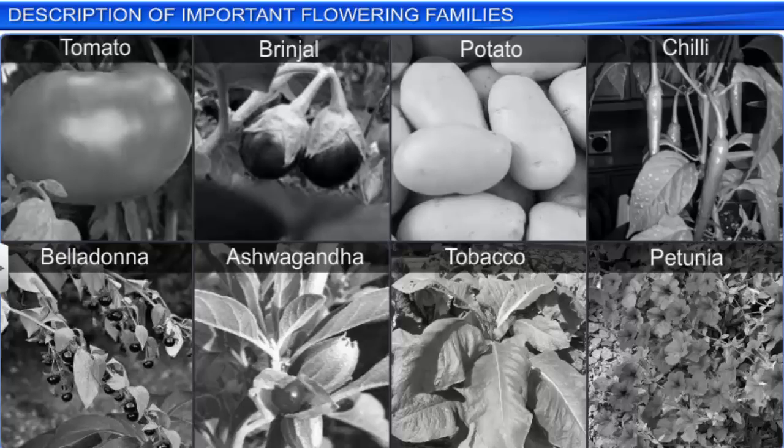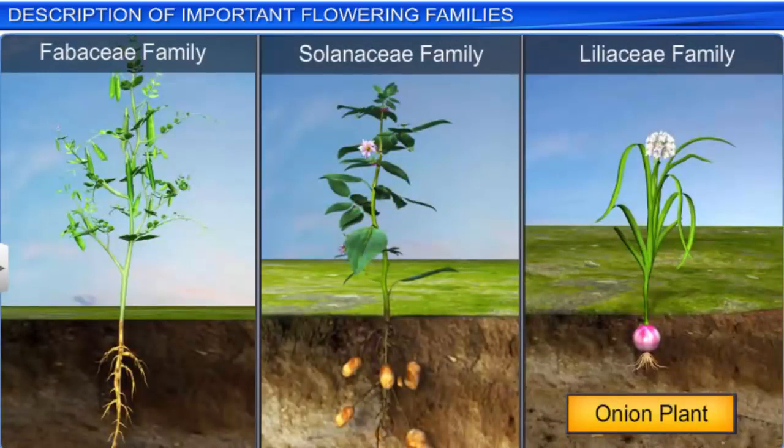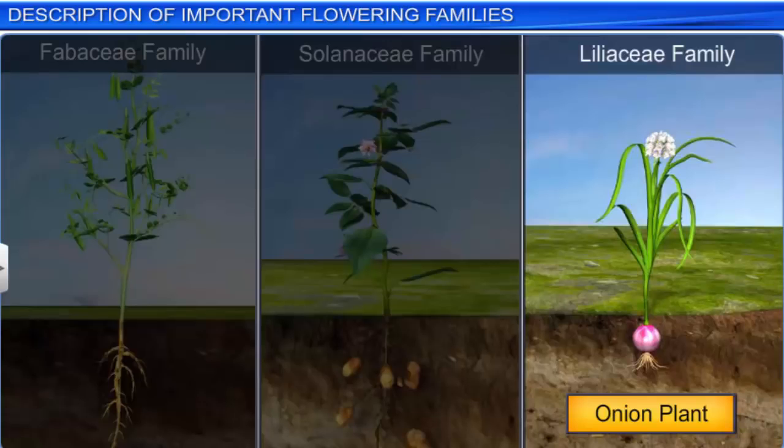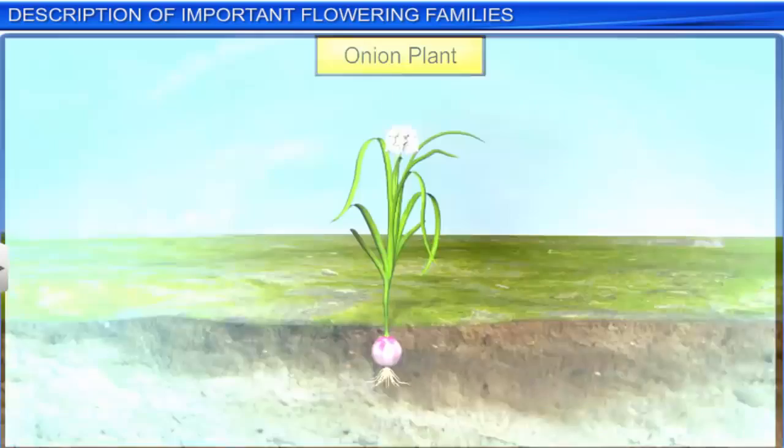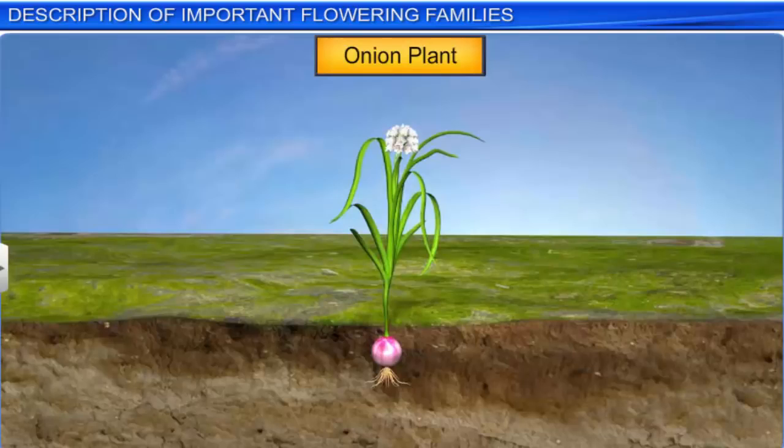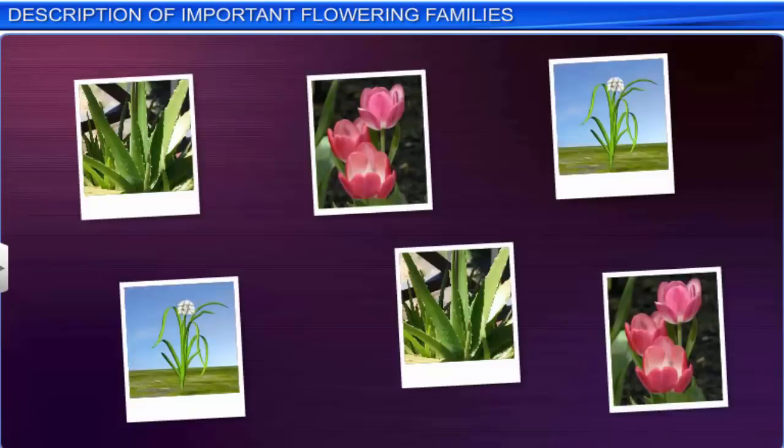Another important family is the Liliaceae family, or the lily family, which is a characteristic representative of monocot plants. Plants belonging to this family are perennial herbs with underground bulbs, rhizomes or corms, and these plants are found all over the world.